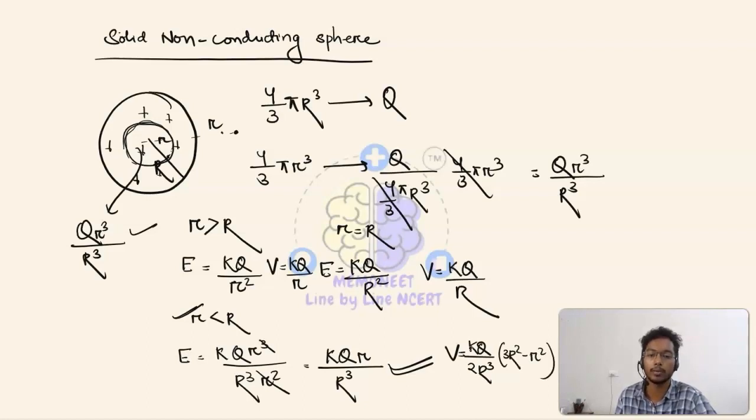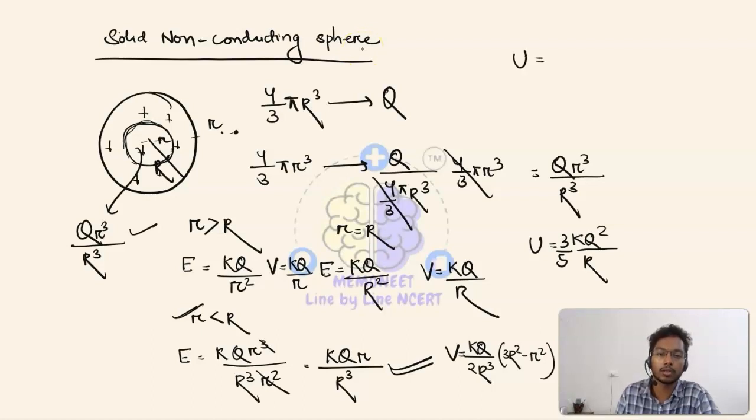This is the potential, because here the self energy is taken out. The self energy for the solid sphere is 3 by 5 kq square upon R.